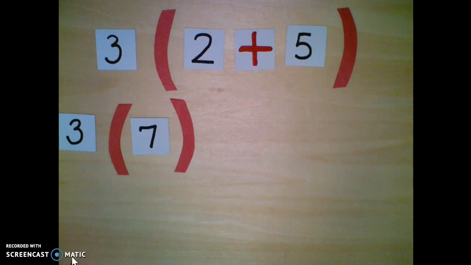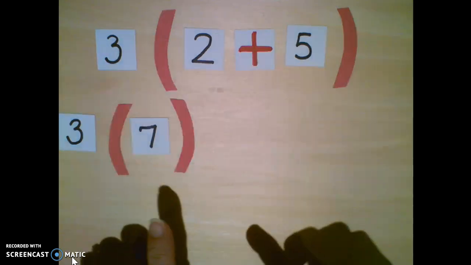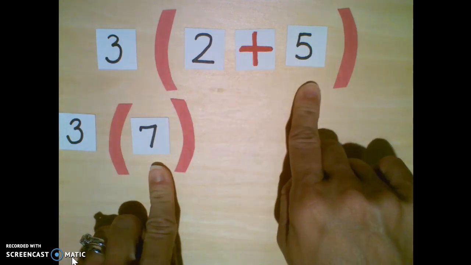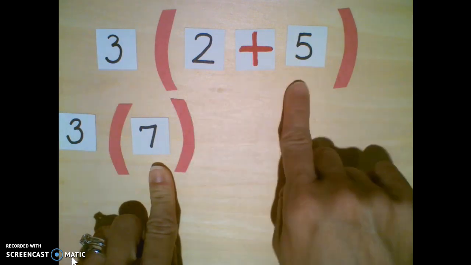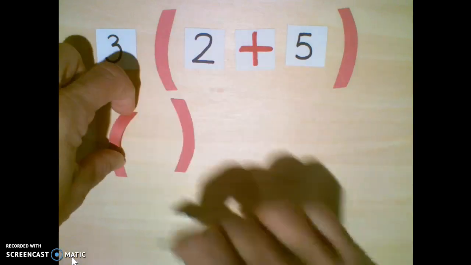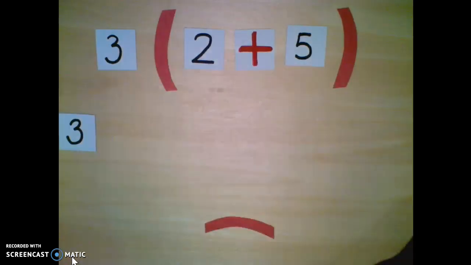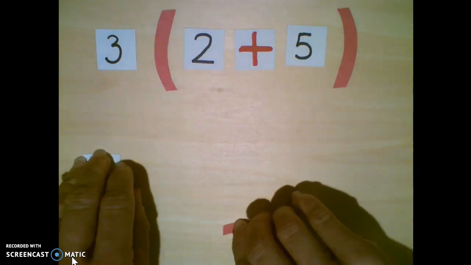That's not always going to work for us when we get into algebra skills because these might not be numbers. One of these or both of these might be variables, and so we won't know their value. So using that is maybe not the best method.